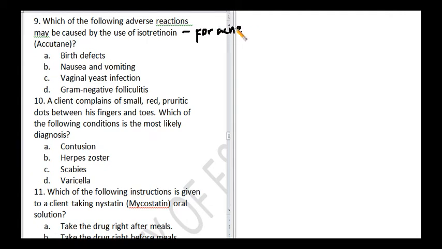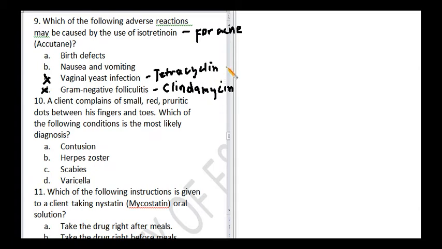So let's try to find wrong answers first. Let's eliminate D, because letter D occurs in a patient taking clindamycin. Okay, let's also eliminate letter C, because this infection is common in patients taking tetracyclines.